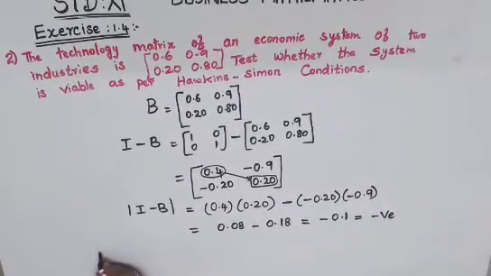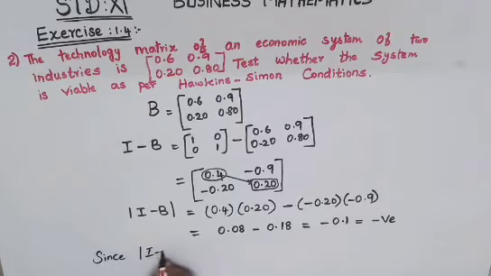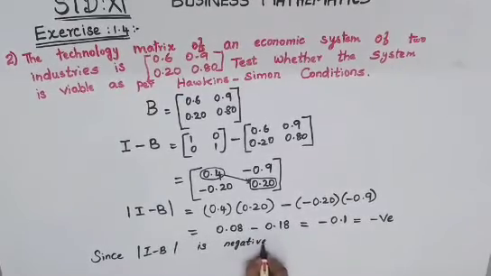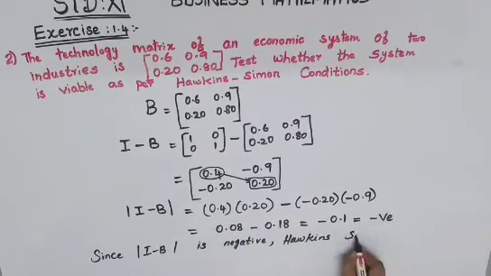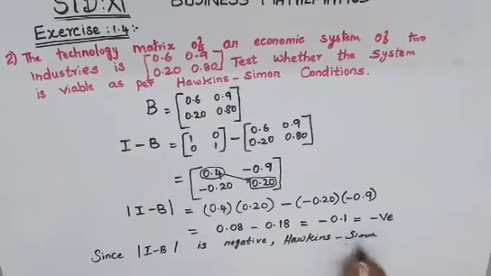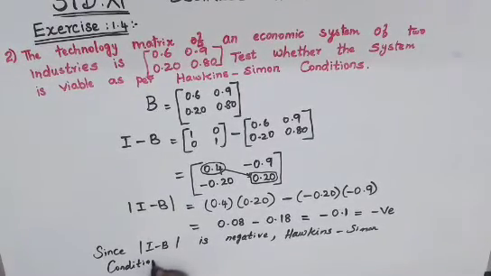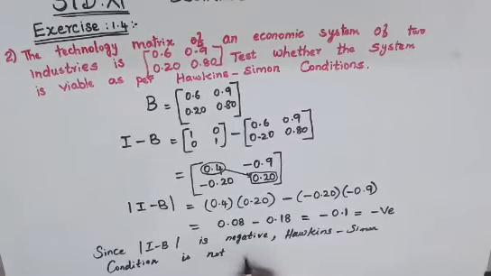Therefore, since determinant of I minus B is negative, Hawkin-Simon condition is not satisfied.